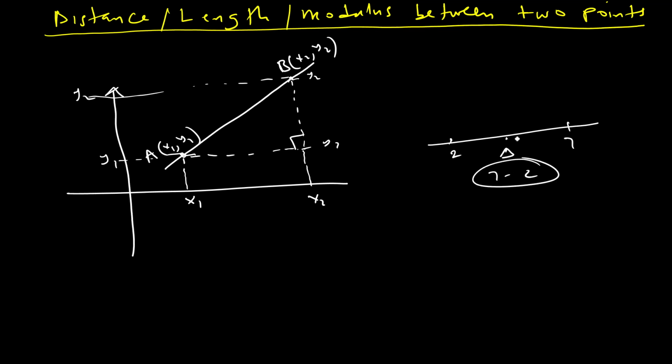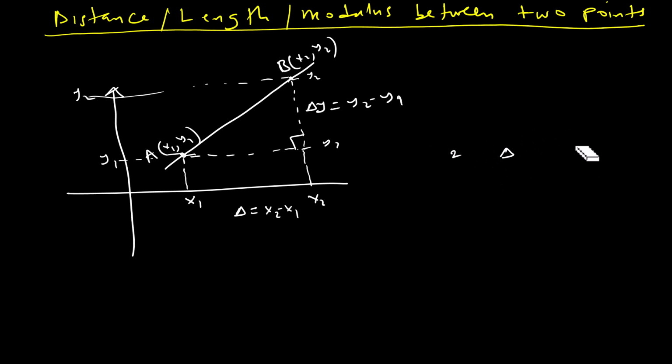So to find the change of the x-axis is x2 minus x1, then that of y is y2 minus y1.